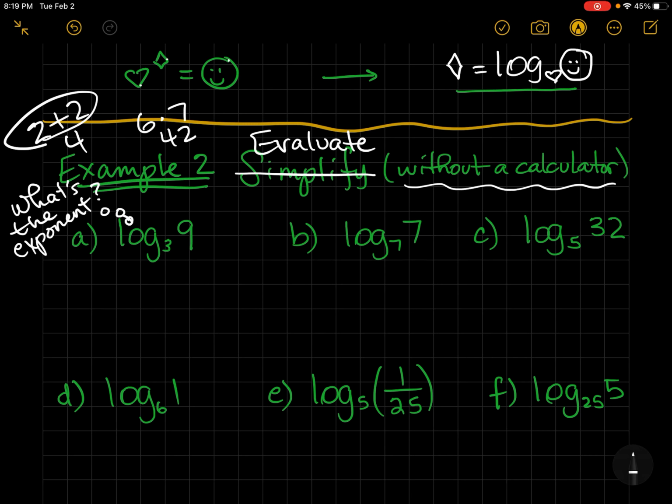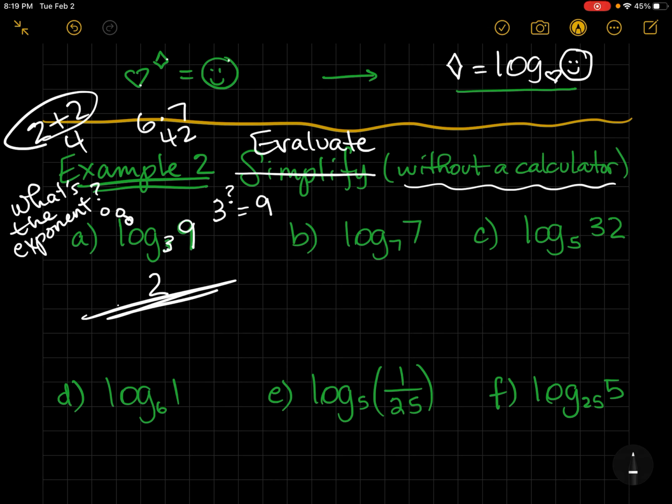So, what's the exponent? In other words, 3 to what power equals 9? This is the base. 3 to what power equals 9? 2. So log base 3 of 9 equals 2.